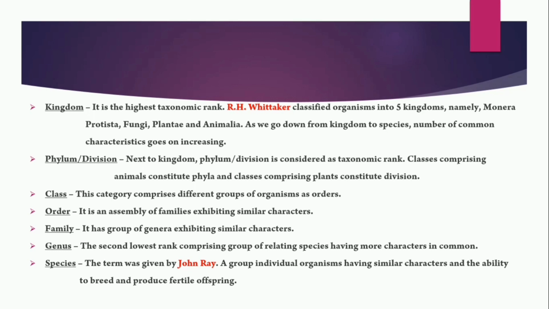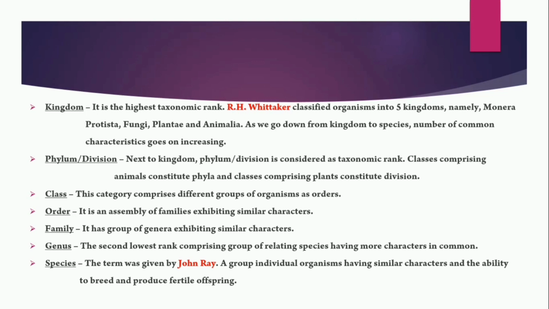Now there comes genus. Genus is the second lowest rank, which comprises the group of related species. We have a species name as sapiens, and our genus is Homo. So genus includes different species.